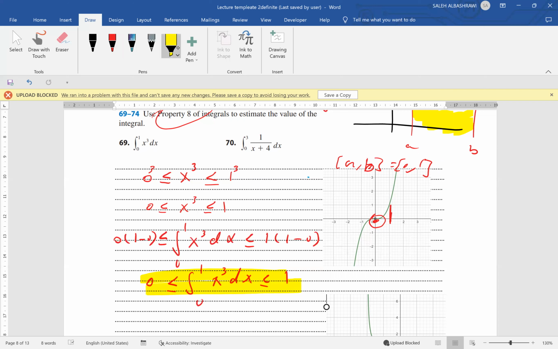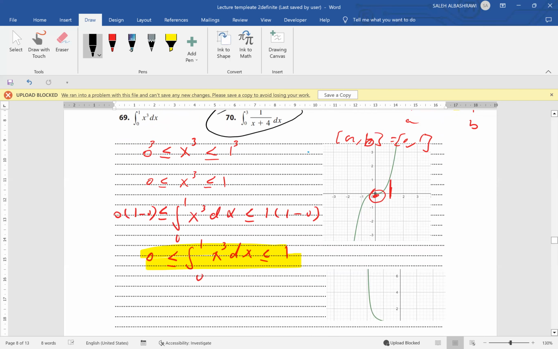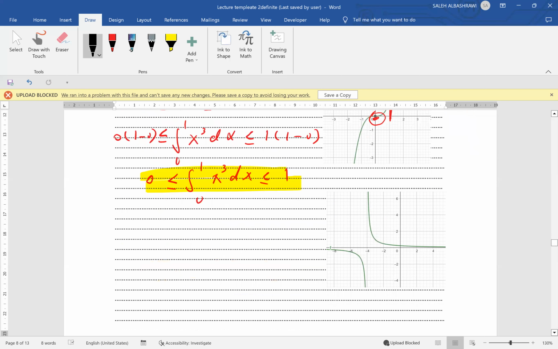For the next example, question number 17, I have the definite integral from 0 to 3 of 1 over x plus 4 dx. Now for the graph of this one, we have a vertical asymptote at x equal to minus 4, because at x equal to minus 4, the function is undefined. So the graph will take this shape.